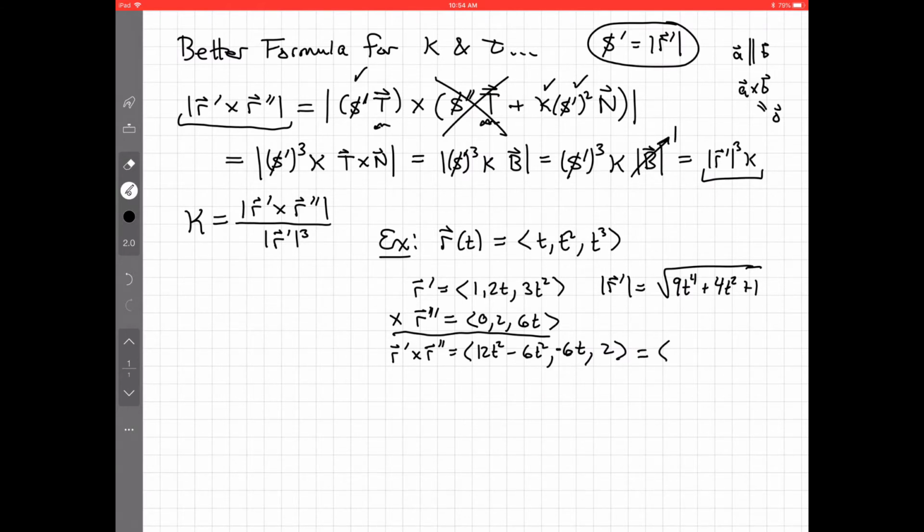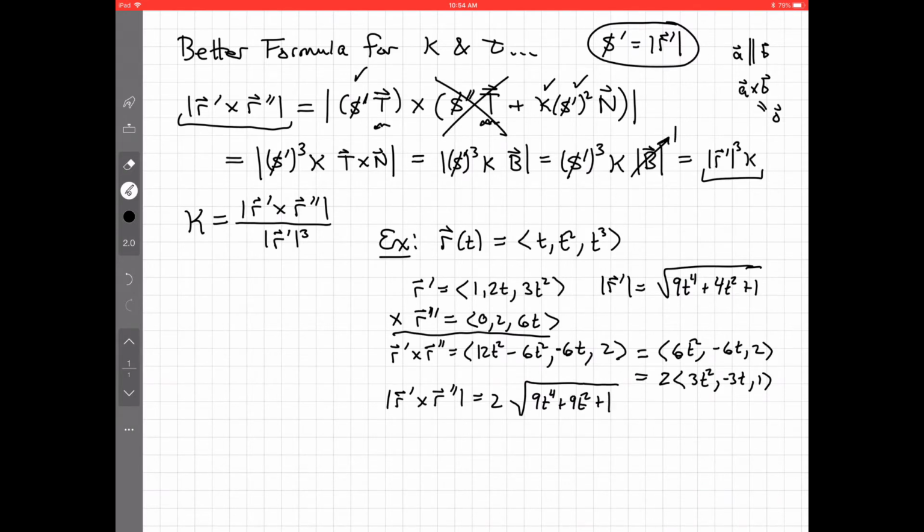We have 6t squared, minus 6t, and 2, which we can, of course, factor a 2 out of. We have 3t squared, minus 3t, and 1. So if we find the length of the cross product here, that's just 2 times the square root of 9t to the fourth plus 9t squared plus 1.